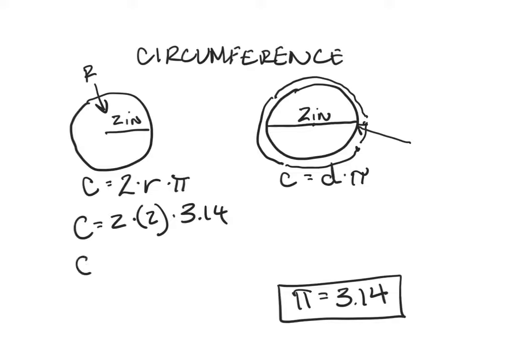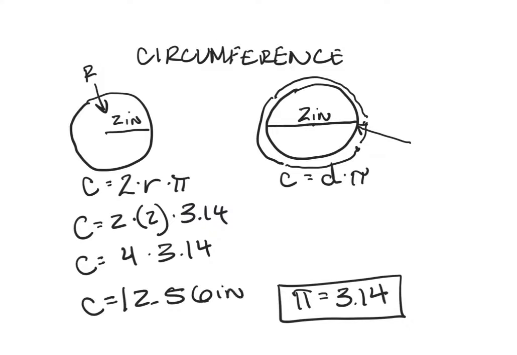So then we end up with something like this. And if I look at my calculator, that puts me at circumference equaling 12.56 inches, which means this circle is 12.56 inches around.